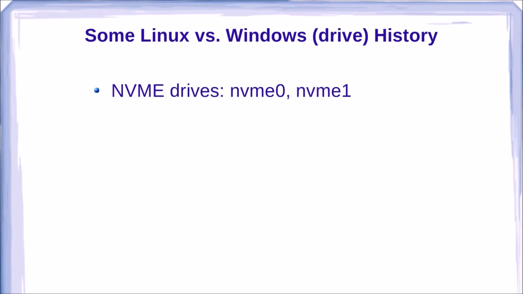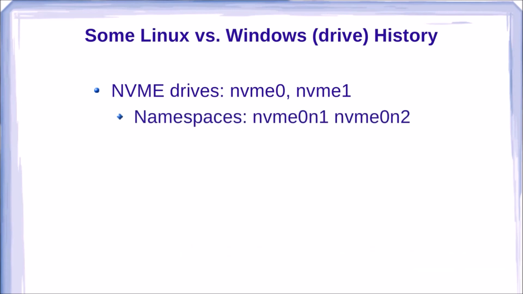So anyway, those would be NVMe 0 and NVMe 1, and every desktop computer you buy will only have one of them, and it'll be NVMe 0. However, because NVMe drives can be used on very large corporate installations, they have namespaces used for different applications or purposes.